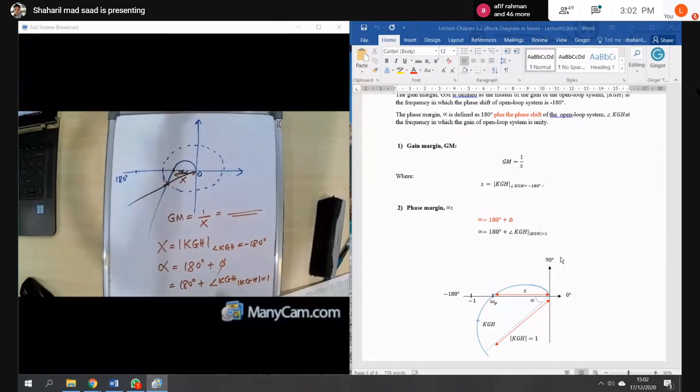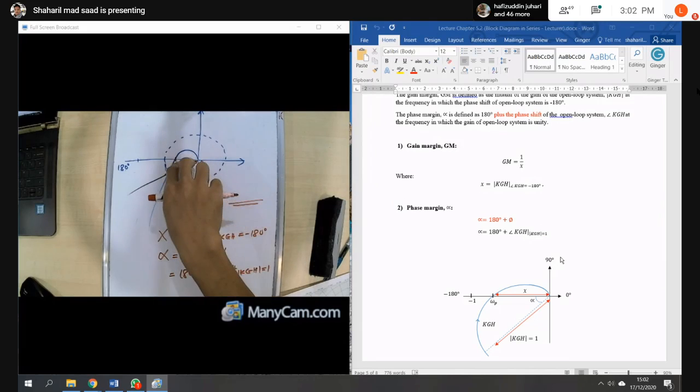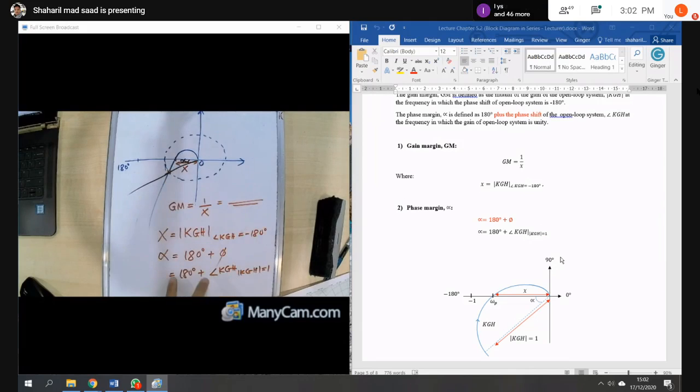For this kind of question, we will do it mathematically. We can get the alpha value from the graph and compare it with the mathematical result after this, so you can double check. The point is, to find the gain margin, you need to find this length, and the gain margin is 1 divided by this length.